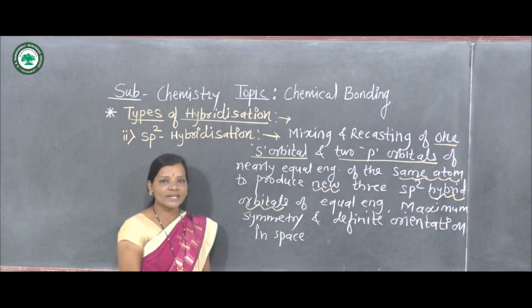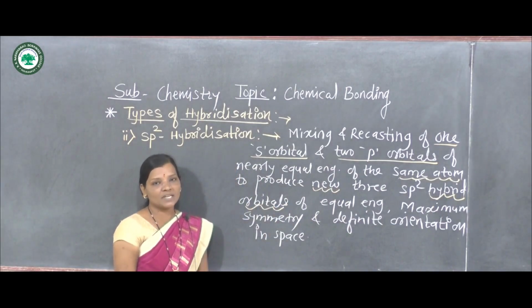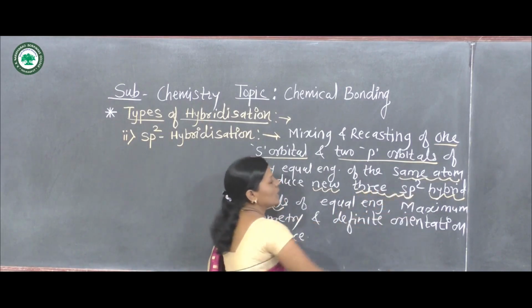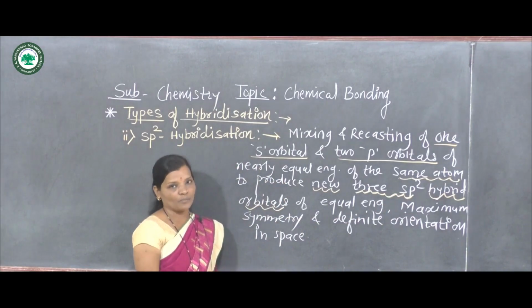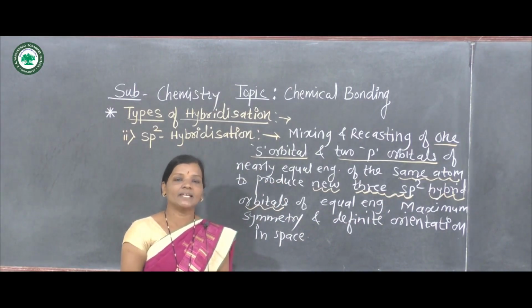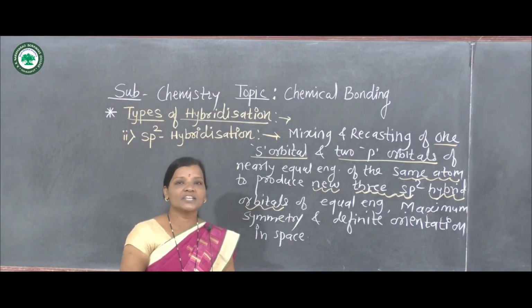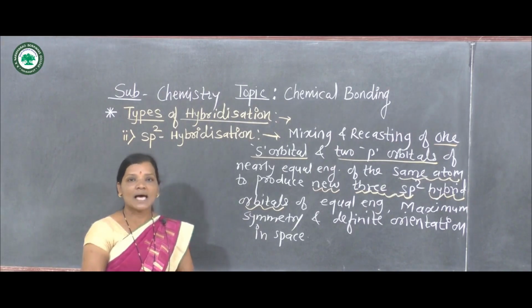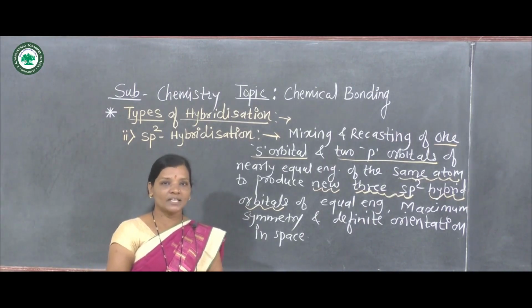Here 1 s and 2 p orbitals are mixed and recast. So here 3 sp2 hybrid orbitals are formed, which have equal energy, maximum symmetry and definite orientation in space. Such type of hybridization is called as sp2 hybridization.